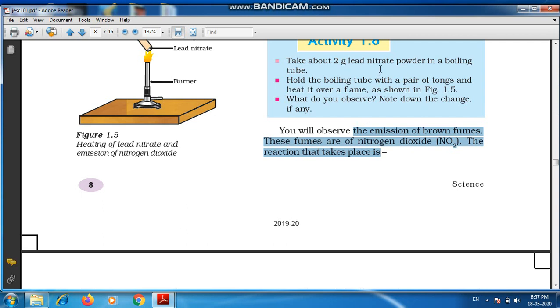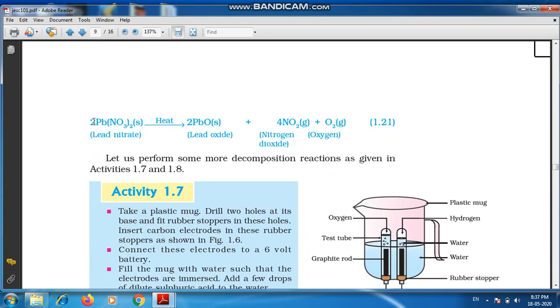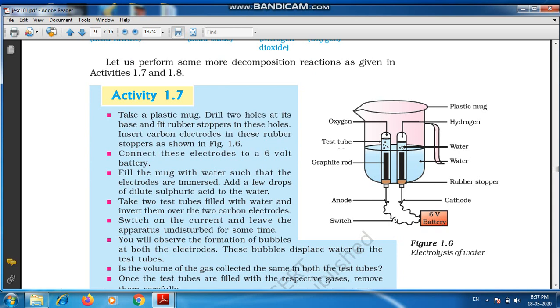When lead nitrate powder is heated in a tube, what color of fumes are produced? It is brown fumes of nitrogen dioxide. Just have a look at the reaction. Lead nitrate, Pb(NO3)2, on heating gives PbO, lead oxide, plus NO2 gas plus O2 gas is liberated.